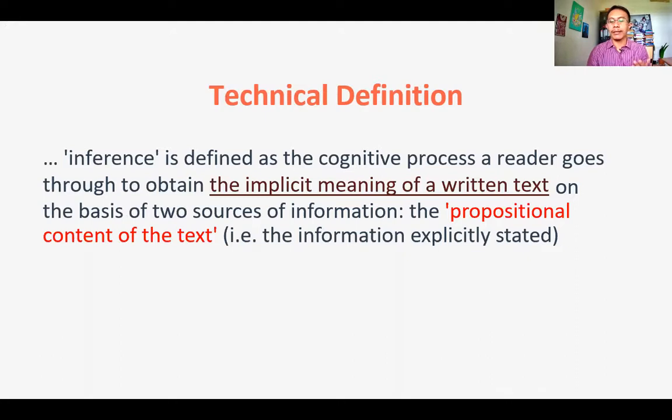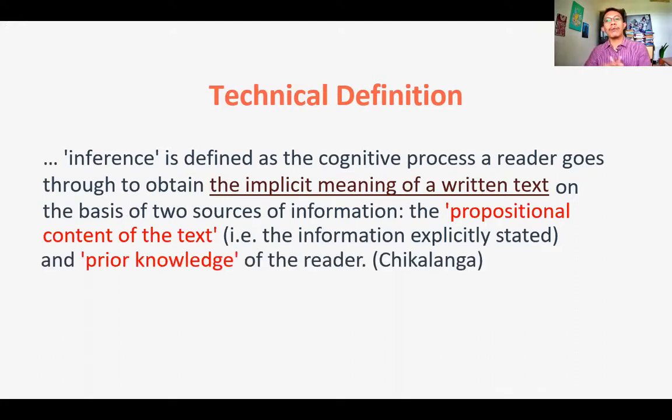And the second thing is that you can also use your prior knowledge. So when you read a text, you can get literal meaning and you can also get implicit meaning. And the implicit meaning is sometimes not present in the text, but you can understand that through your prior knowledge. Prior knowledge means whatever you have understood before reading the text.